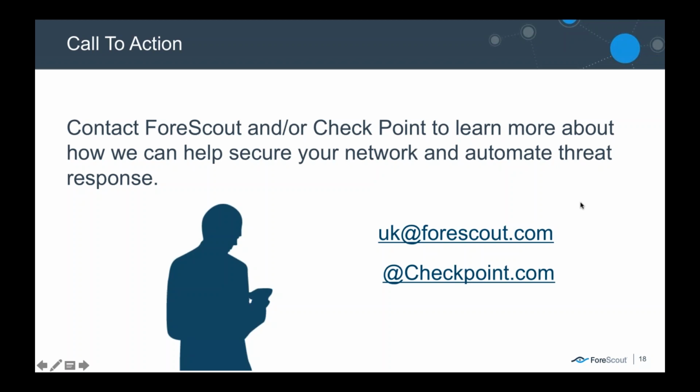The other most significant difference is in terms of network device support. ForeScout, as an independent, non-network vendor, doesn't make wired or wireless network infrastructure. We have the broadest support for different network devices.